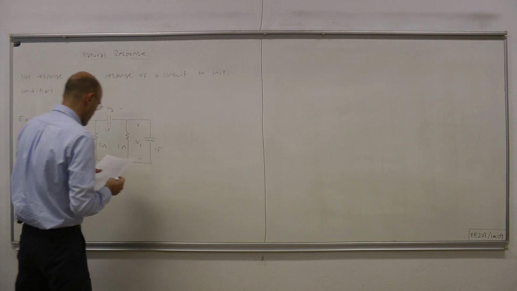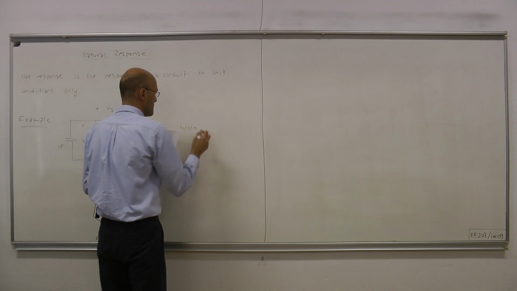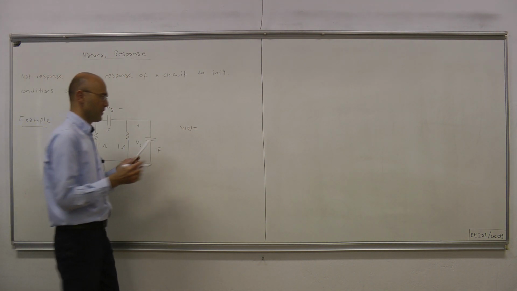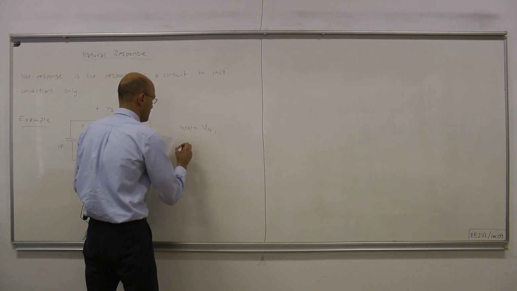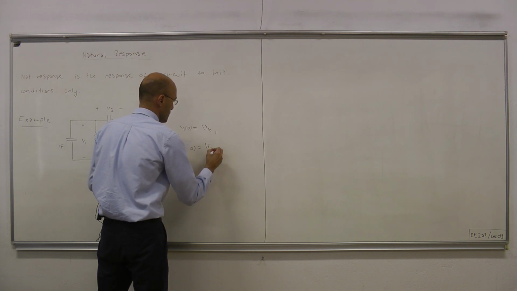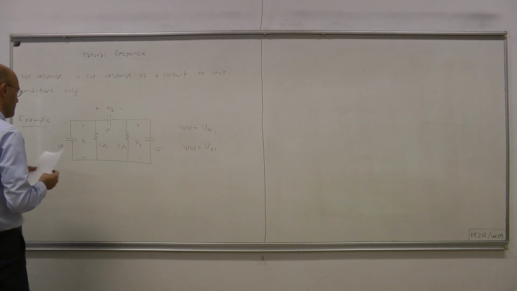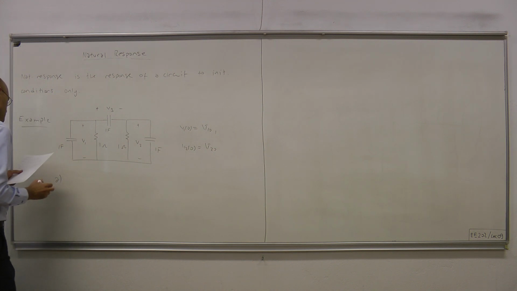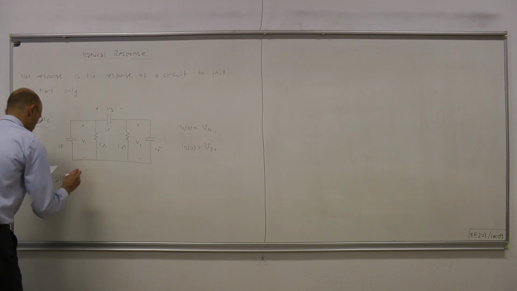So for this example, given that V10 is something, and V20 is something else, which is denoted by capital V20, we are asked to do the following. Write the node equations.